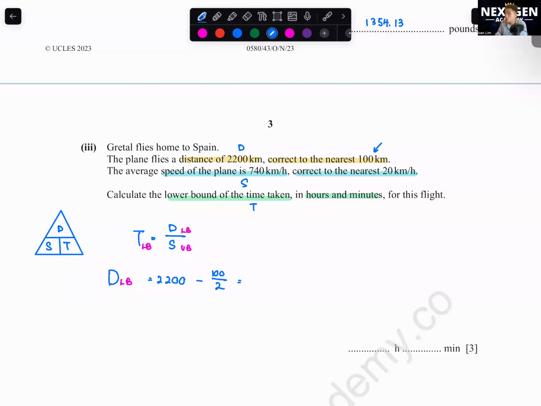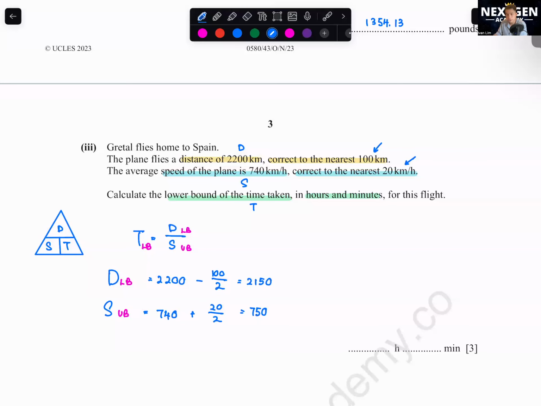So here, you will get 2150. 2,200 minus 50, 2150. Speed, upper bound. They say correct to the nearest 20 kilometers per hour. So we're going to take 740 plus 20 divided by 2. Don't go and take 5 or 0.5. You just follow whatever units that they give you there. This is the formula. So here you get 750.